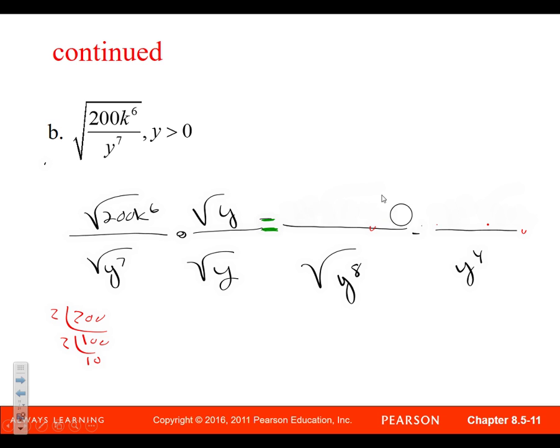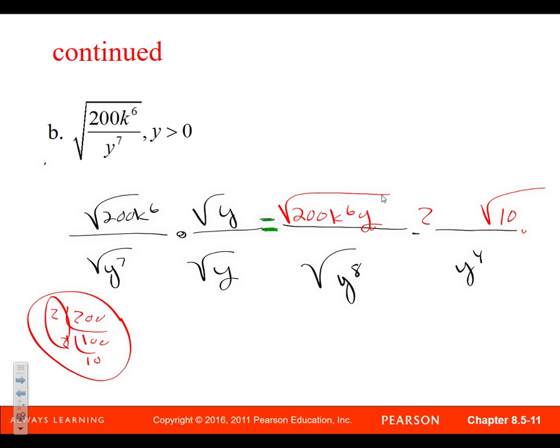Yes. All right. So here's what's really going on. Once I multiply this out, this is going to give me the square root of 200k to the 6th y. So I'm looking at what I can take out. And over here, I've got the prime factorization of that 200. So I can definitely bring out a 2, can't I? But I'm going to have to leave a 10 behind, correct?